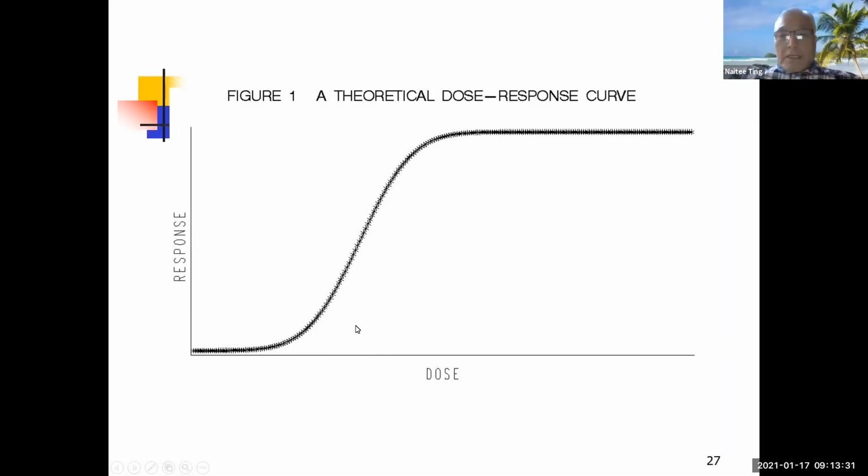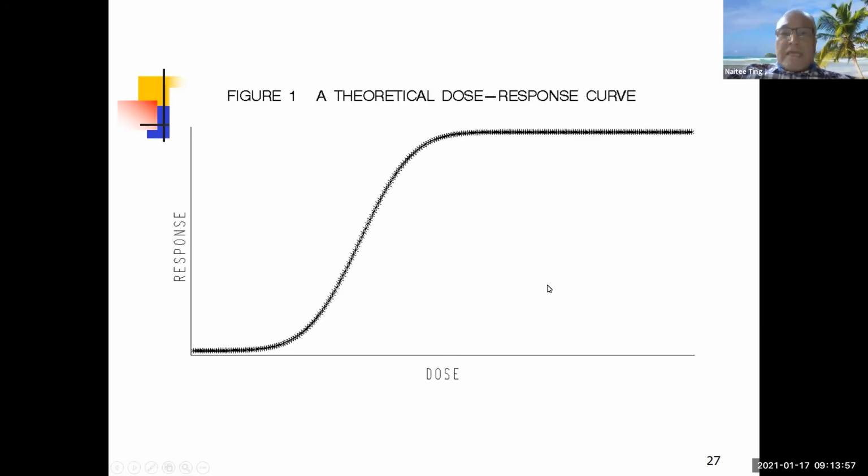In my experience, non-monotonic dose response curves happen in CNS trials, CNS being central nervous system drugs, like drugs for depression, for anxiety, for schizophrenia. CNS drugs tend to not have a monotonic dose response curve.